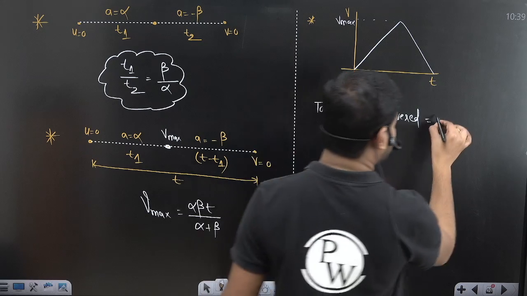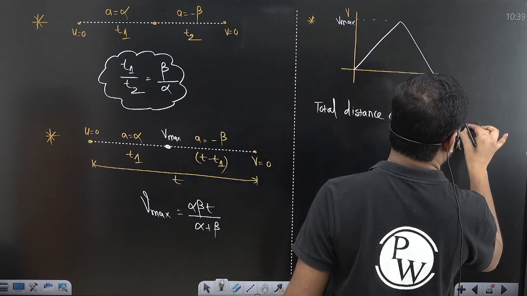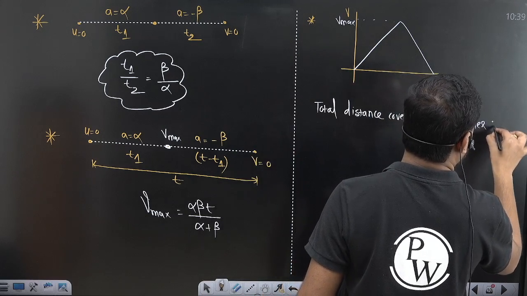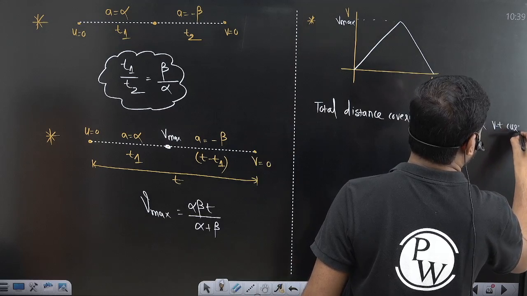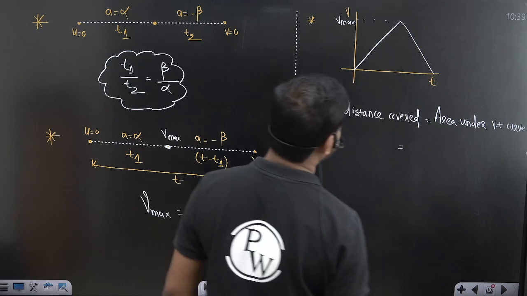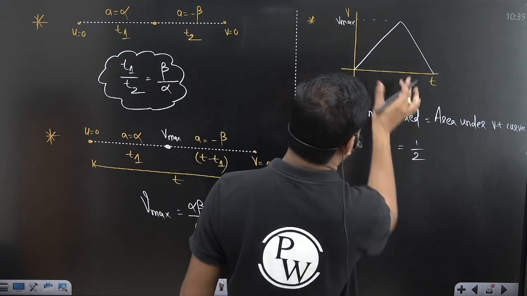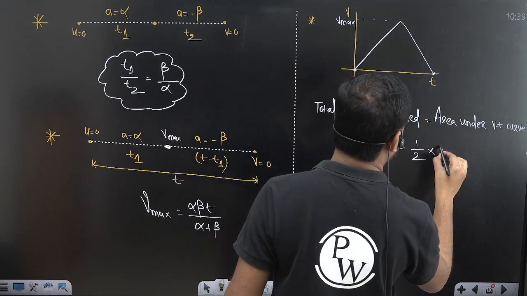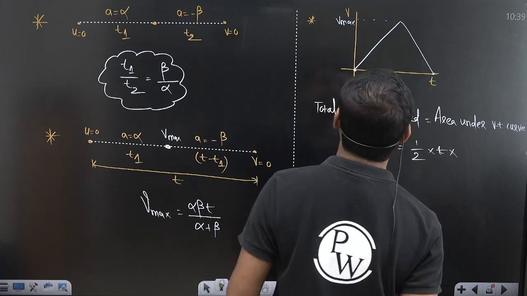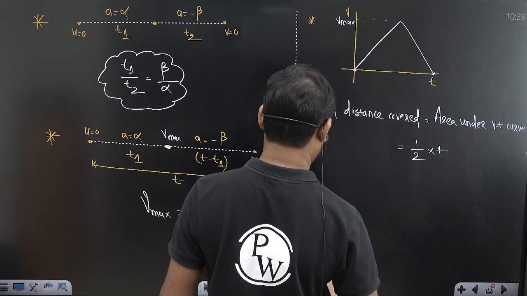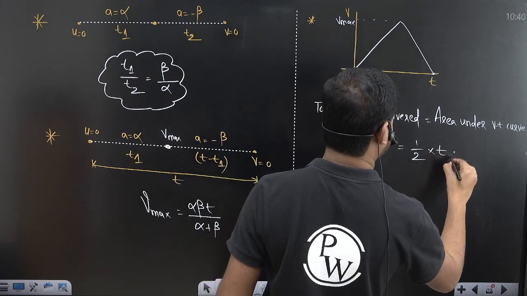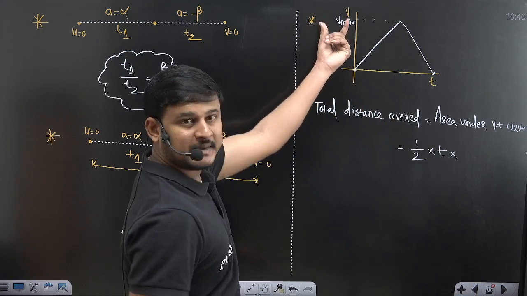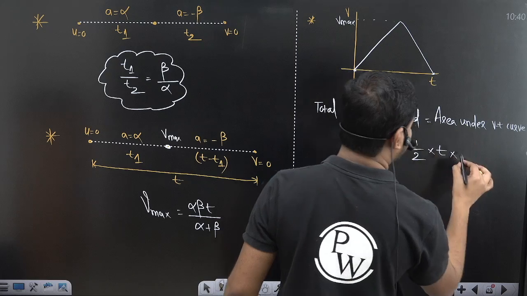So which is the area under the Vt curve. Now I can write this as half into the area of the triangle: the base is the time t, and the height is the maximum velocity, Vmax.